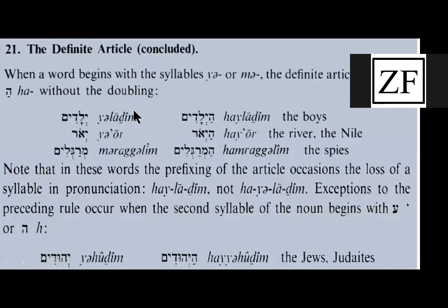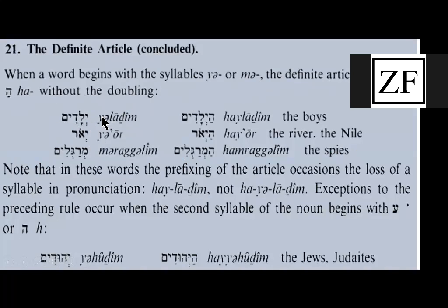This is again the word the before the vowel, before a yod or before mem. Okay, the definite article adds the ha without the doubling. So we have yeladim.